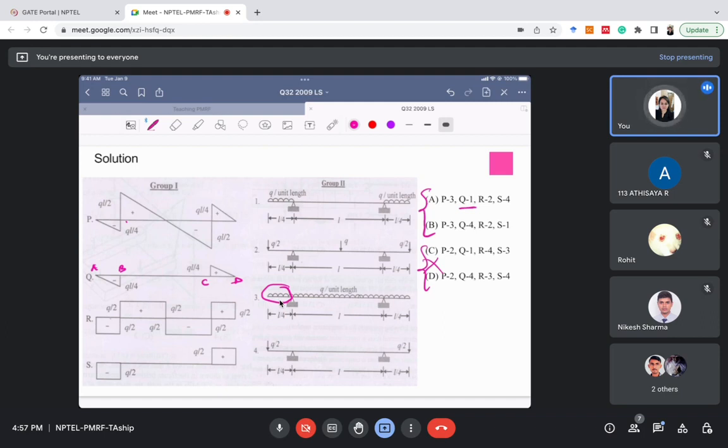For Q, we know that for section AB, the shear force diagram is negative and constant. So the load intensity for section AB should be negative and constant. In which option is the load intensity for AB negative and constant, option number 1 or option number 4? Please tell me.